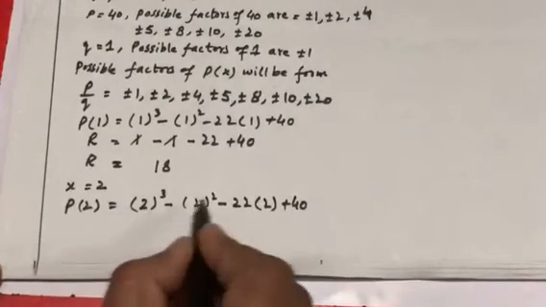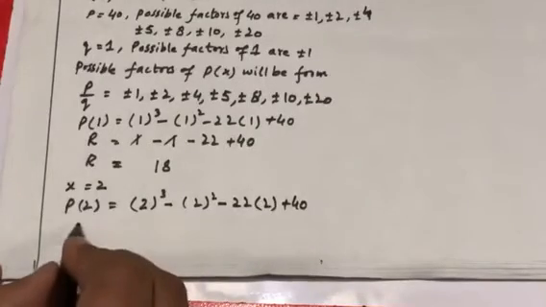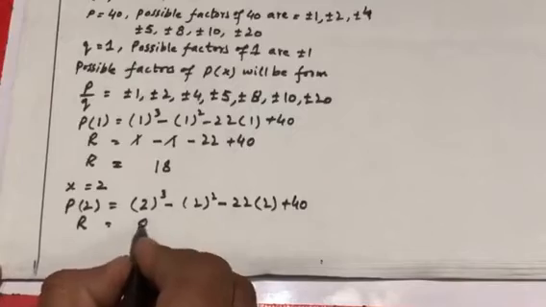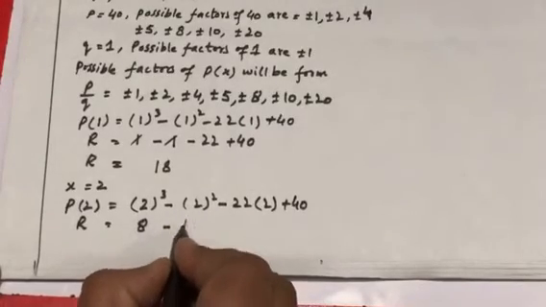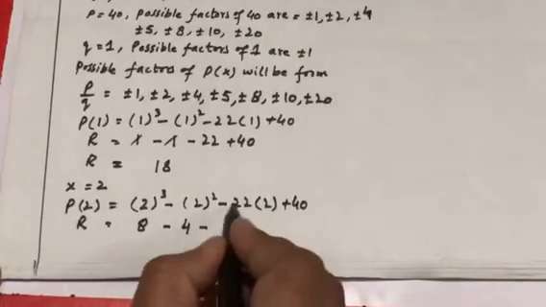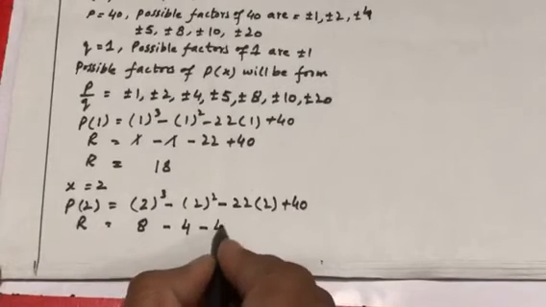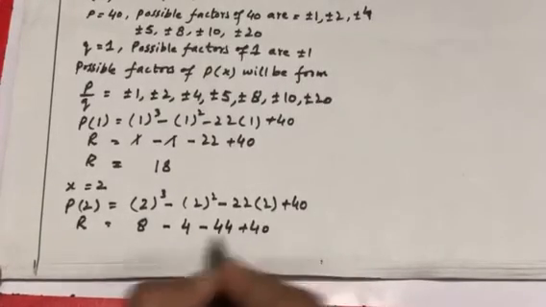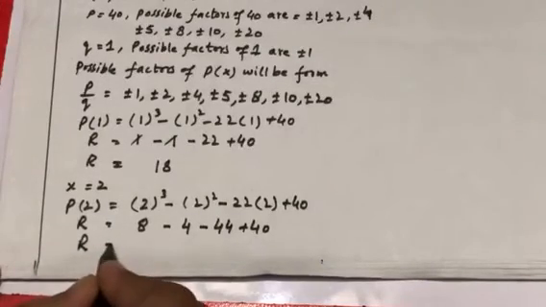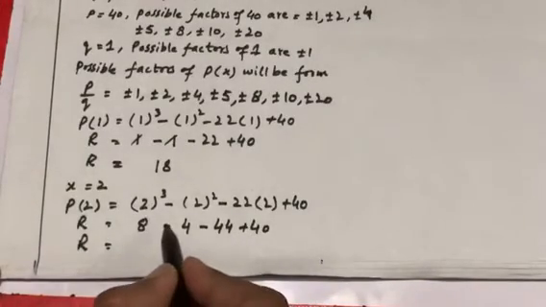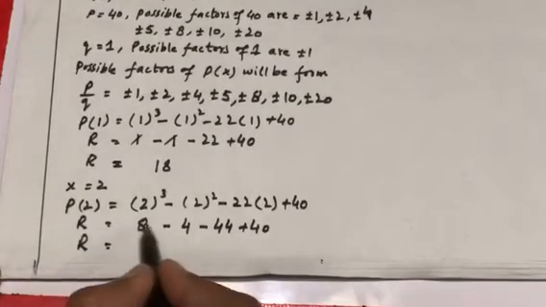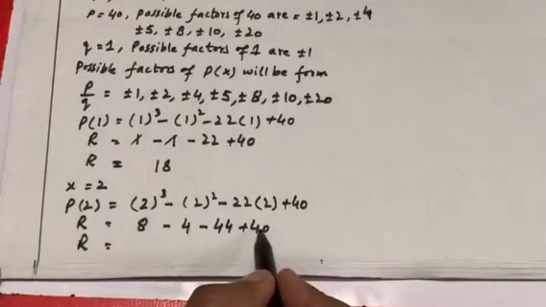By simplifying, 2 cube becomes 8, the square of 2 becomes 4, multiplying 22 by 2 we have 44, and plus 40 as it is. So minus 4 and minus 44 becomes minus 48, and plus 8 and plus 40 becomes plus 48.